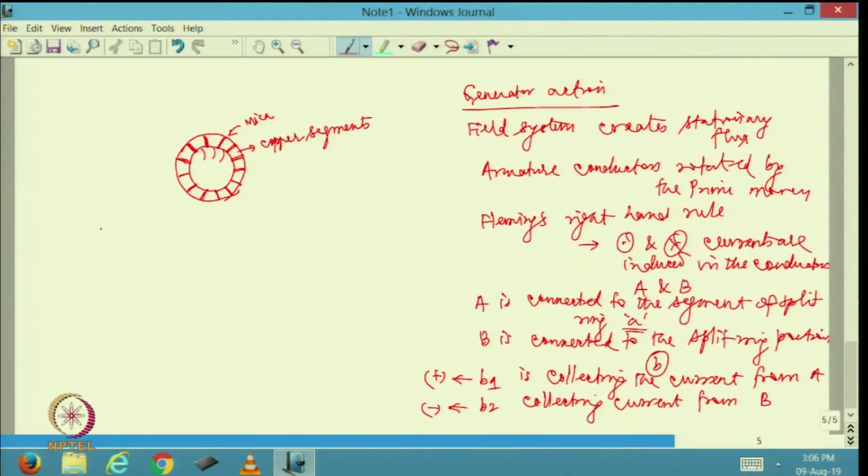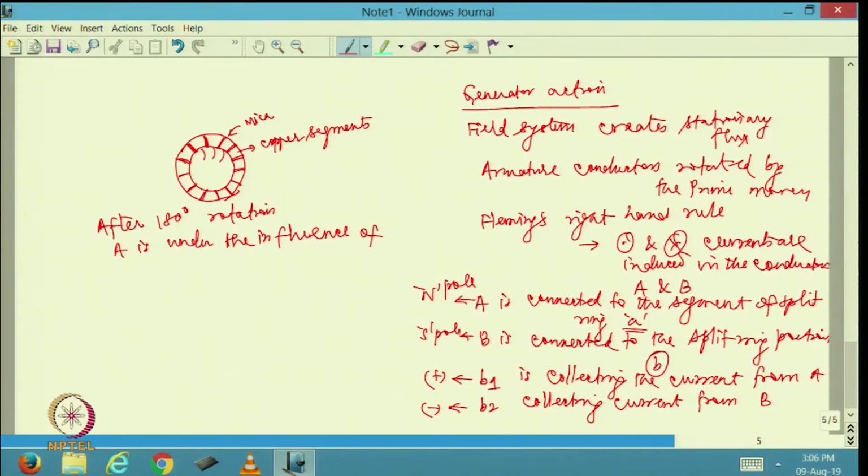but what is going to happen is after 180 degree rotation, A is under the influence of the south pole, because initially it started that A was under the influence of the north pole and B was under the influence of the south pole.